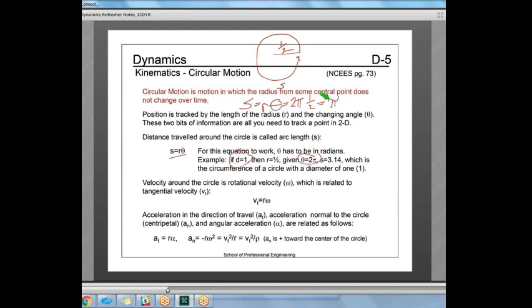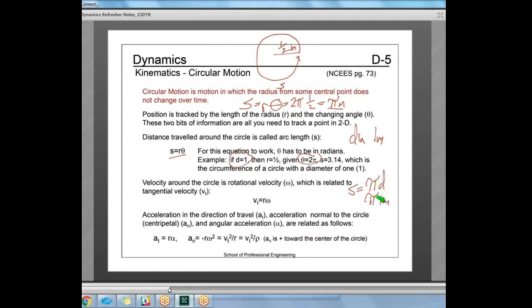Well, if theta is 2 pi and r is 1/2, s equals r theta tells us that the arc length we've traveled should be pi. So we could have it in pi meters or half a meter.